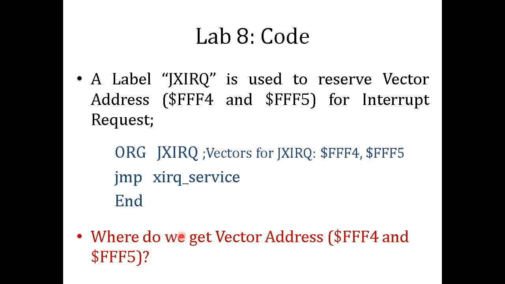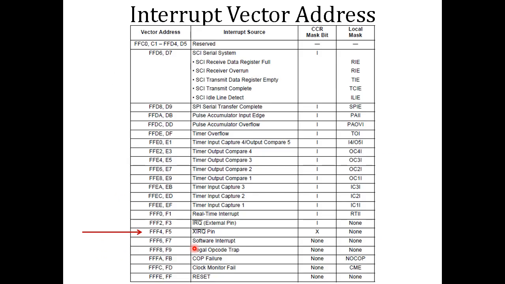But before that, let me show you how I know the vector address. This is called interrupt vectors. These are reserved addresses where we write the interrupt request, meaning we call the subroutine. So where do we get it? We actually got it from a chart like this. This is a chart given by Motorola, and it is predefined.